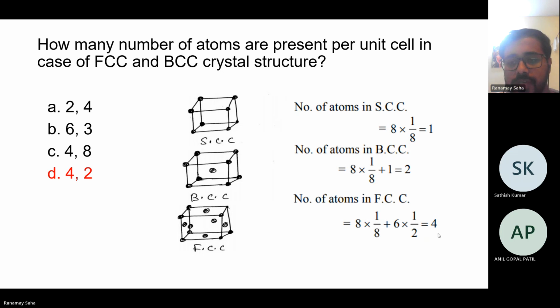The question was the number of atoms per unit cell in case of FCC and BCC. FCC it is 4, BCC is 2. I hope you all could have heard that.